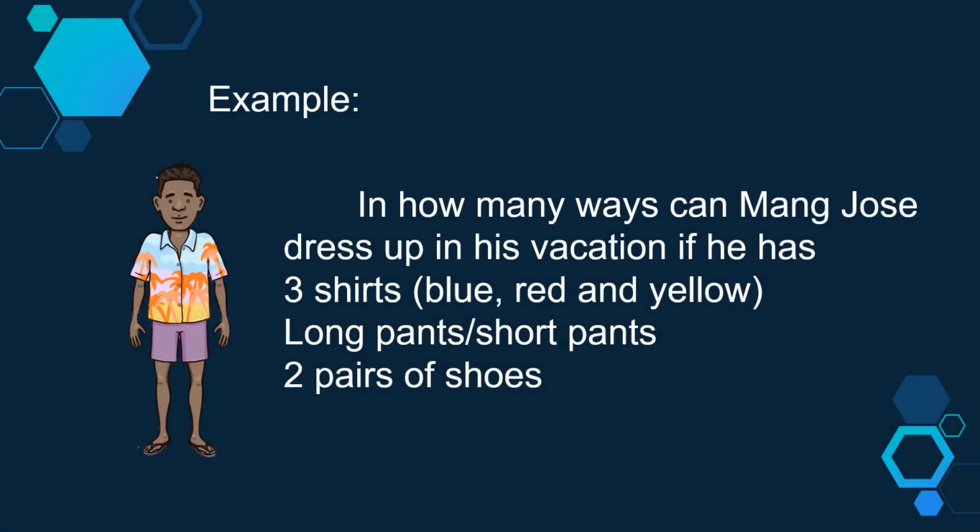So let's have our example. In how many ways can Mang Jose dress up in his vacation if he has 3 shirts? We have blue, red, and yellow, long pants and short pants, and we have 2 pairs of shoes.